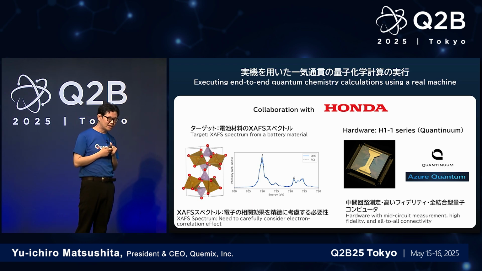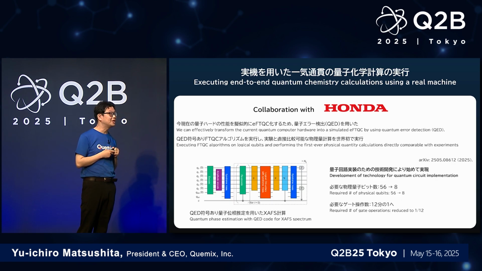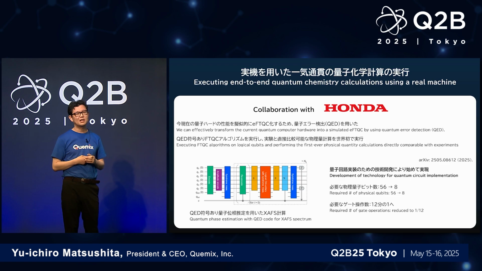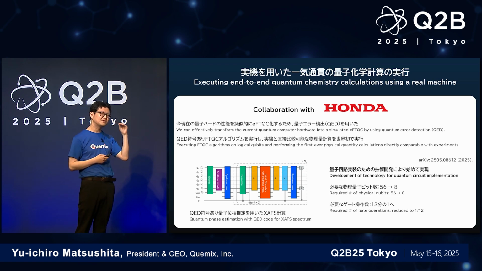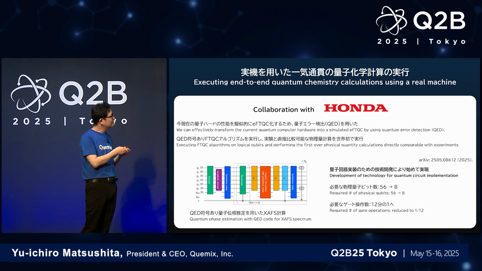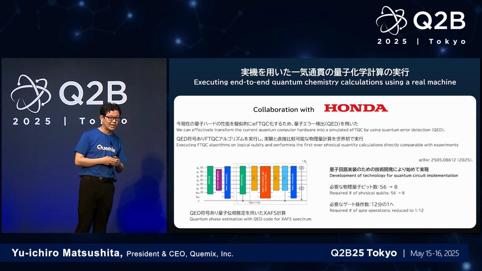Now, even if the hardware has very high specifications today, this is still NISQ hardware. So as of today, using today's NISQ hardware, we have to somehow make it into FTQC with some kind of technique. For that purpose, we developed quantum error detection.